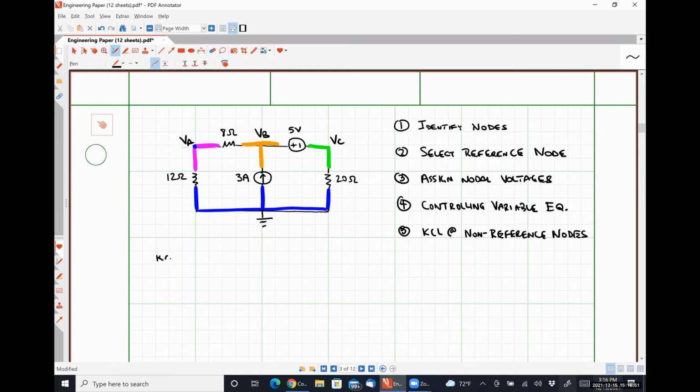Kennedy, how do I write my KCL equation at node A? Thank you, ma'am. Wonderful job.